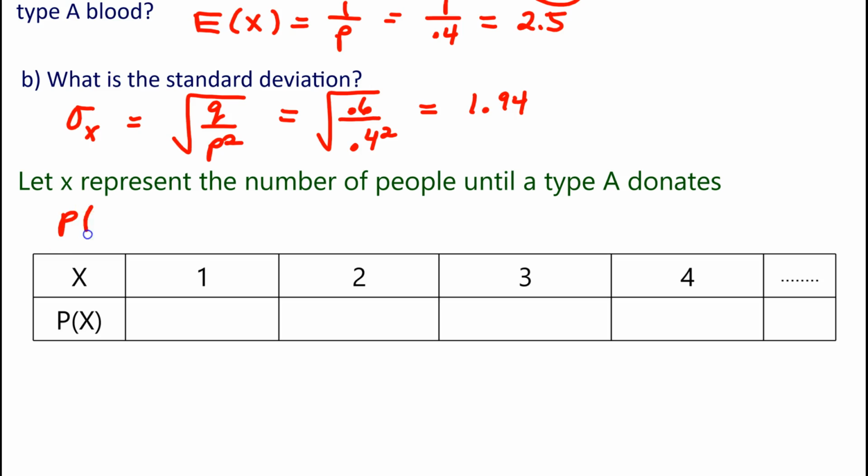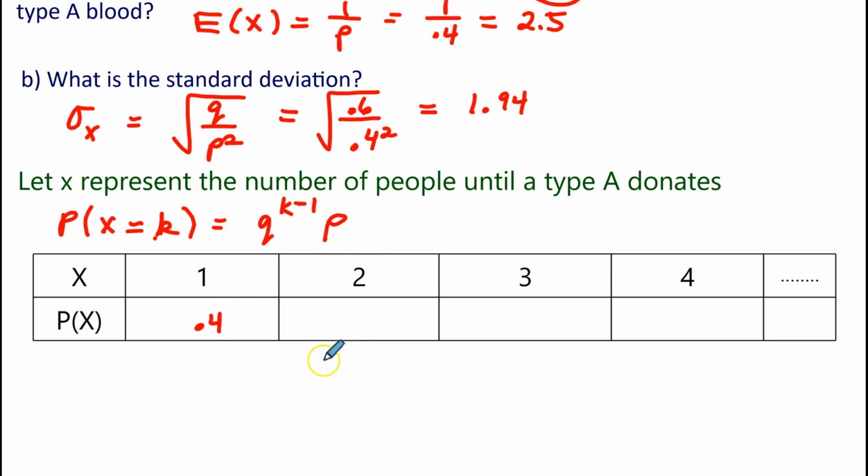And the formula, if you recall from the other video, is Q, which is actually 1 minus P, raised to the number of trials before the one we're expecting to see, times P. And I don't actually use this, but in case you wanted to have it available, it's right there. So suppose K was 1. For this case, we're expecting to see the very first donor is a type A blood person, and so therefore it would simply be 0.4.